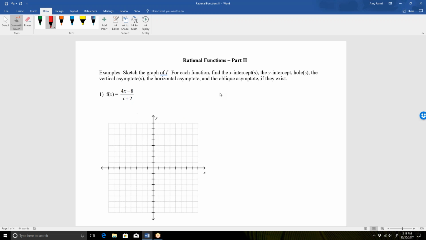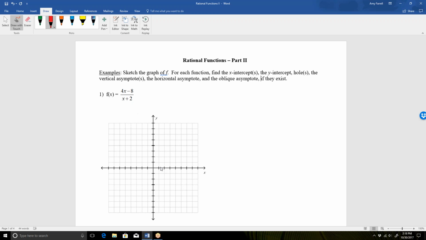If you need extra help with that, again, there's another video before this that covers how to find all that information. Go back and refer to that video if you need help with finding this information. This video is going to concentrate more on how to put that information on the coordinate plane.